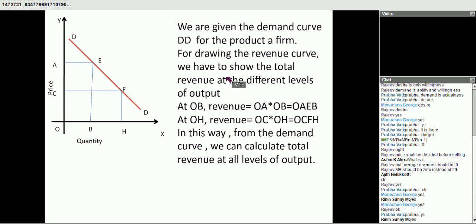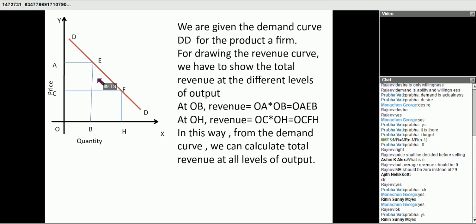You can see here is a demand curve DD for the product of a firm. For drawing the revenue curve, we have to show the total revenue at different levels of output. The formula is to multiply the price per unit with the quantity sold.